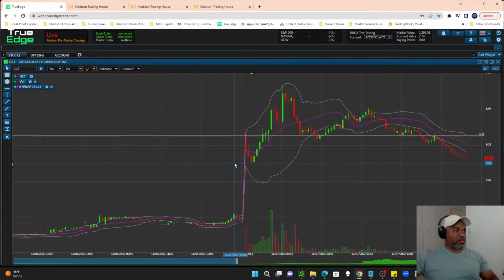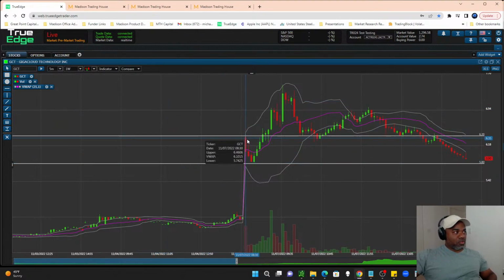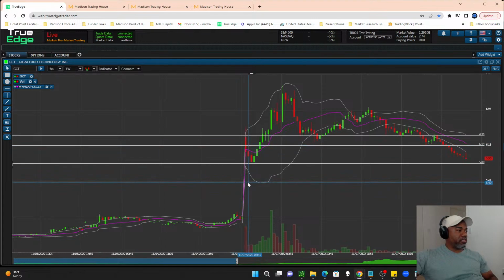It went down to 581, right? So the idea was to average a price in between these two points, which will put you somewhere around here. Okay, I'll go a little higher just in case you got in a little higher. But the point is, you should have had an average price somewhere around this middle line, right?